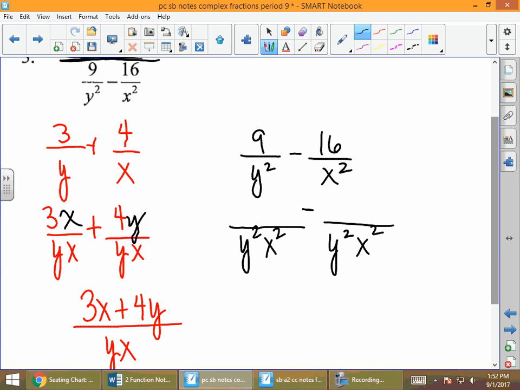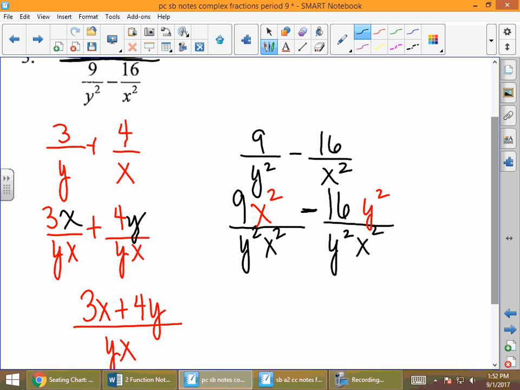It doesn't make any difference. We're subtracting. What did we put into our left-hand fraction into the denominator that wasn't there before? Put the x squared. And what did we put into our right-hand fraction in the denominator that wasn't there before? We'll put the y squared.